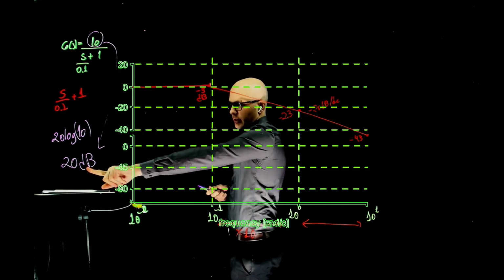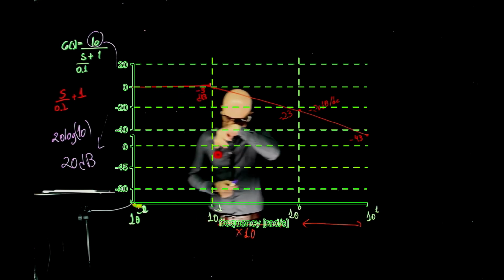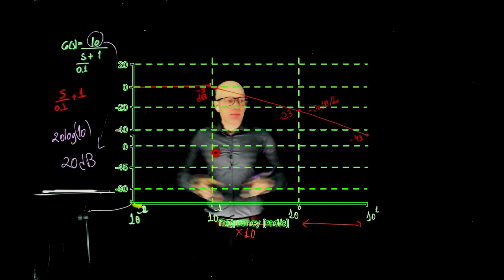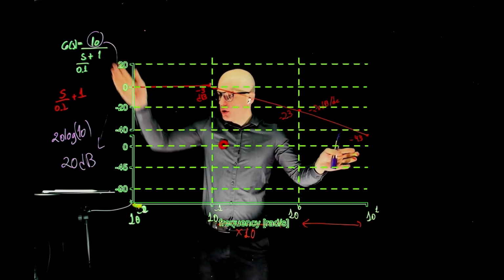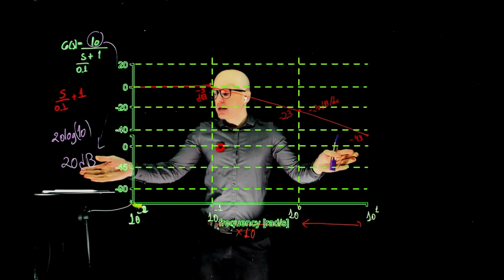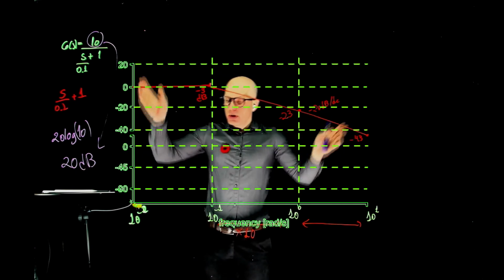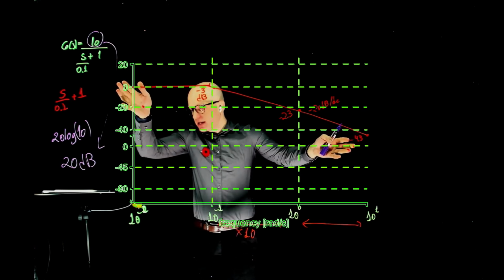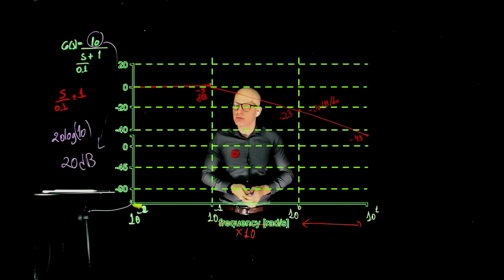In decibels, we are basically multiplying the curve by 10 in the non-decibel scale, or adding 20 decibels to the curve, which is the same statement.